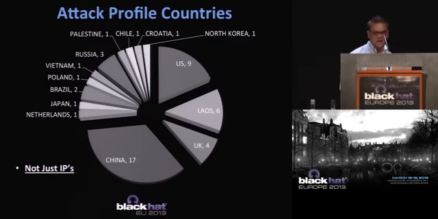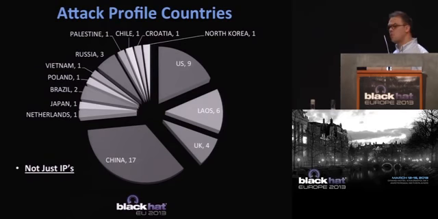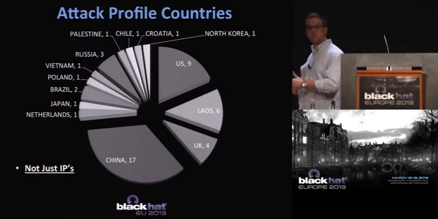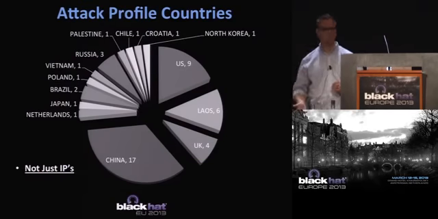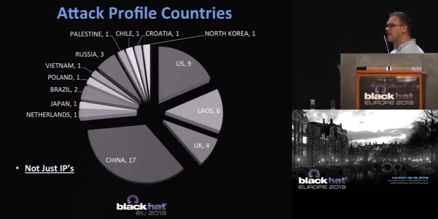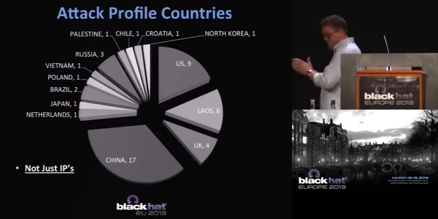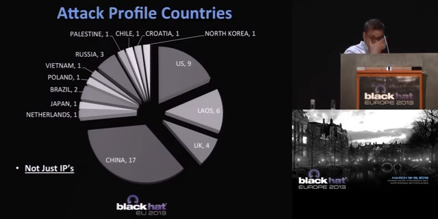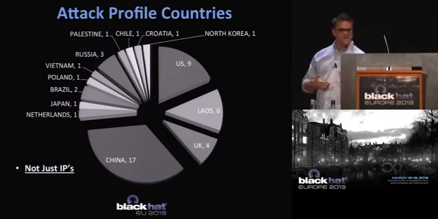What I can say is out of this entire collection of attacks, there were 12 attacks that were directly applicable to causing damage to this water pressure system in one way or the other. It would have been affecting water pressure, contamination. It could have been any number of things, but there were that number of attacks that directly affected these systems. So in this case, China is the first with 17, USA with 9, and then Laos with 6.